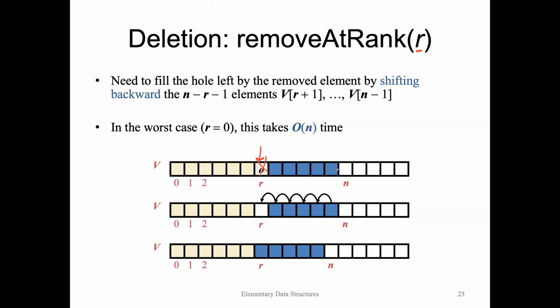So using indices as a representation of rank, that means that we're going to move all of those elements over to the left by one position. And again, in the worst case, we have to move n elements over, which means shifting all of them down by one. One shift is constant time, but we might have to do this for n elements. So in the worst case, remove at rank also is linear time.